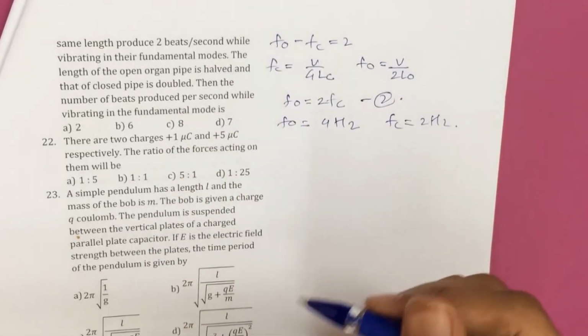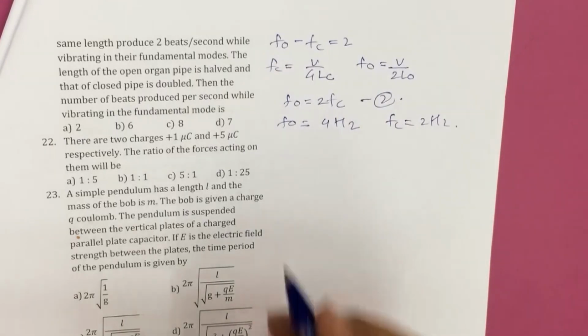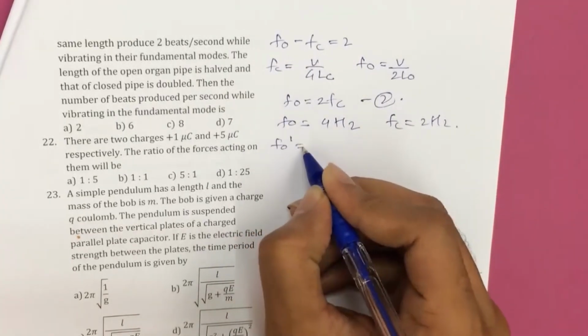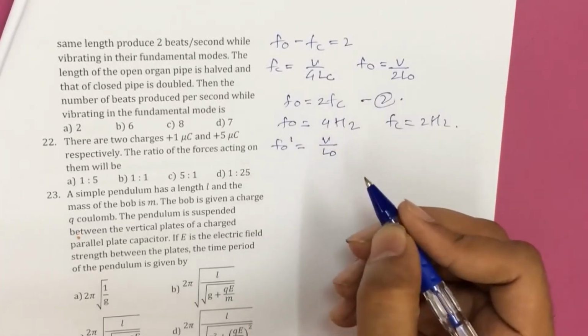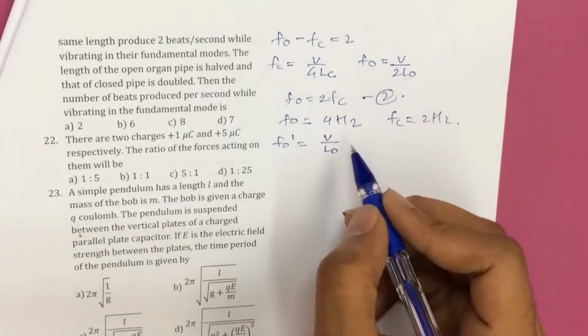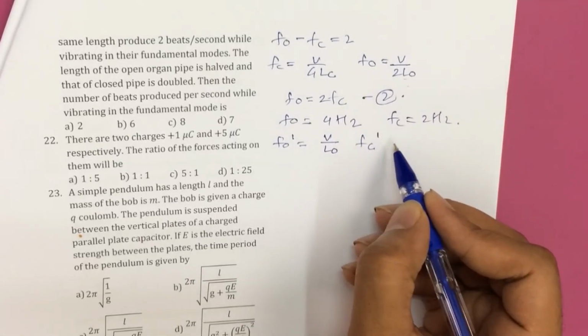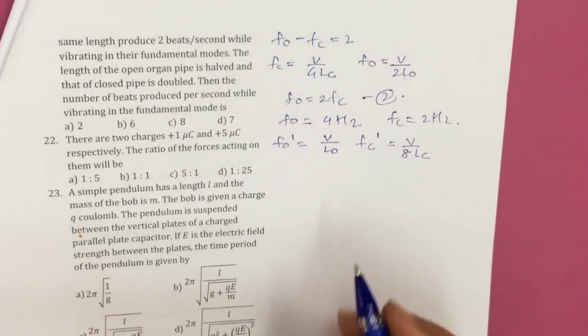Now when the length of the open pipe is halved and that of the closed pipe is doubled, what will happen is F0 dash will now become V by L0, because L0 is halved, and Fc dash would now become V by 8 Lc.